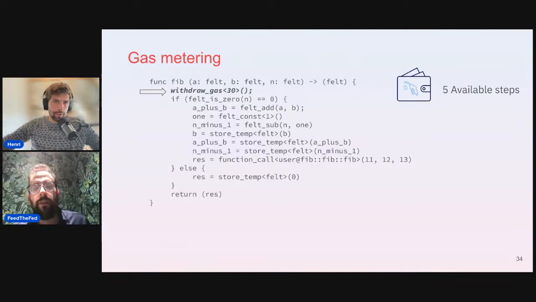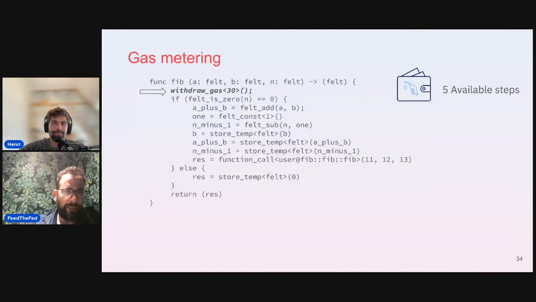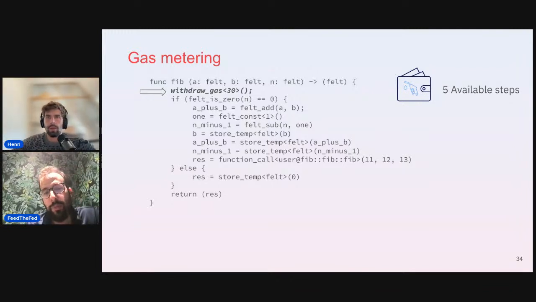Exactly. So then, no, you won't be able to do it. But it is an attack we need to handle because you're right. A malicious sequencer would maybe want to include a contract that does not pay gas, where all the withdrawals here are with zero.